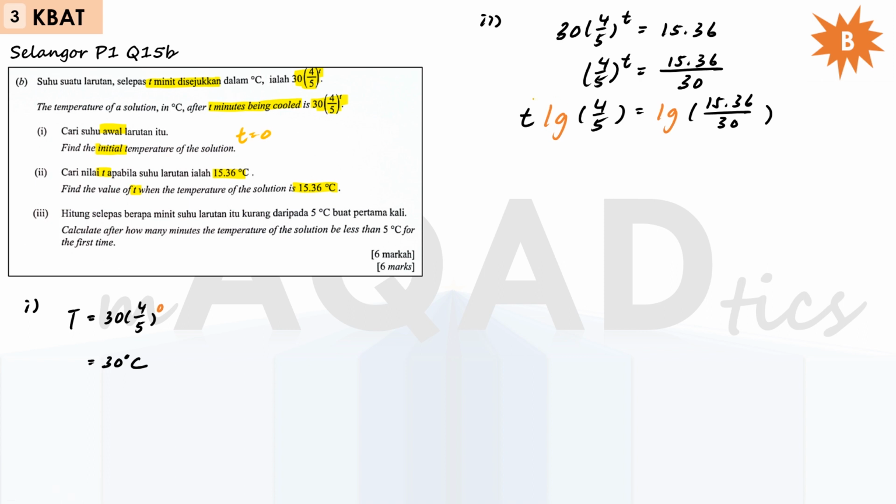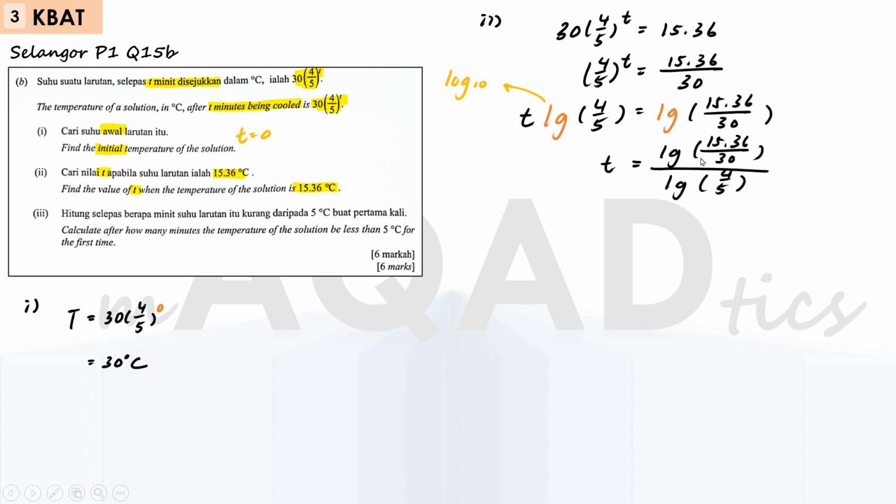Okay, so this LG is actually log base 10. Okay, so this is the most common log that we can use. Okay, so this one we applied already. T move to the front, then I can move this value to the right. Okay, and then apply using calculator to find the value, which is 3.